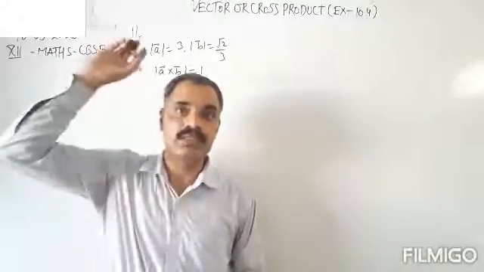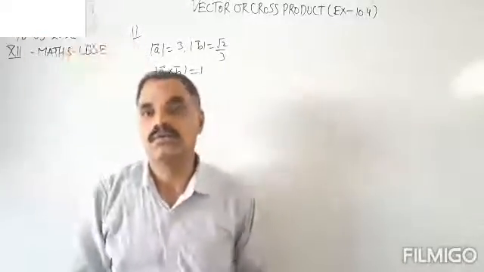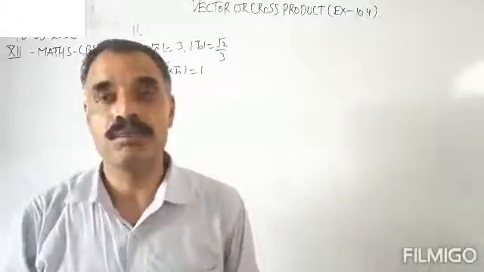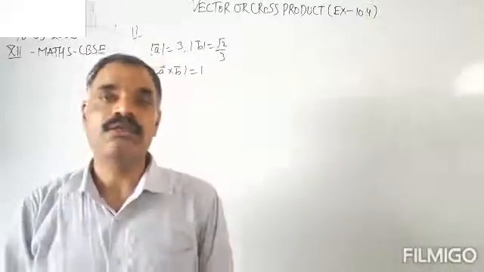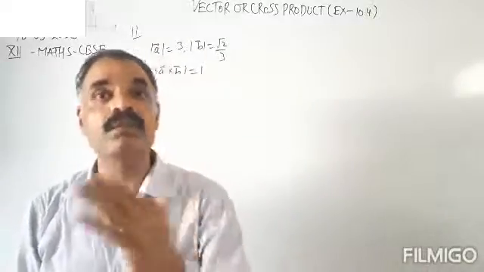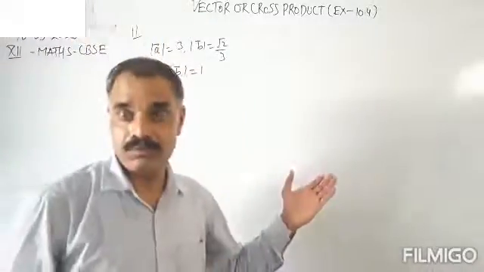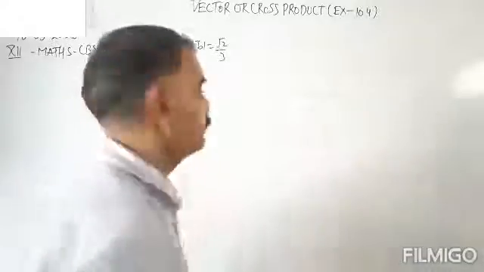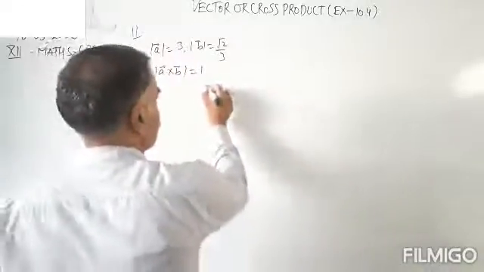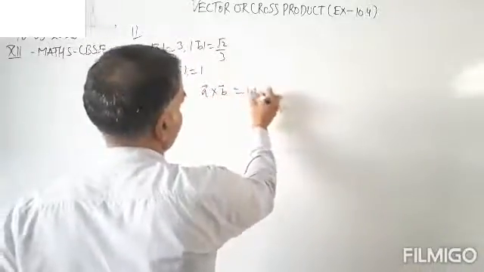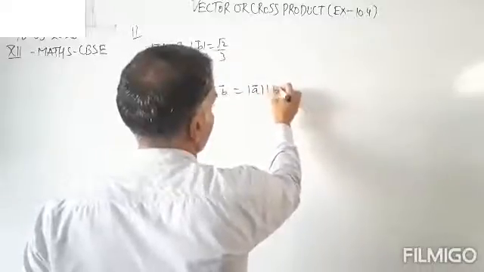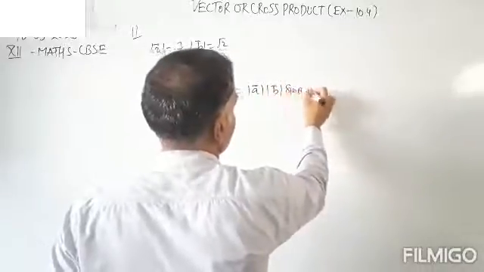If this vector is a unit vector, how will you find the angle? Here we are using the cross product of two vectors. A vector cross B vector is equal to magnitude of A vector, magnitude of B vector, sin theta n cap.